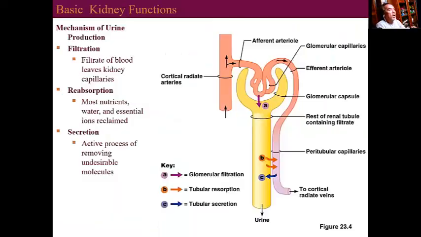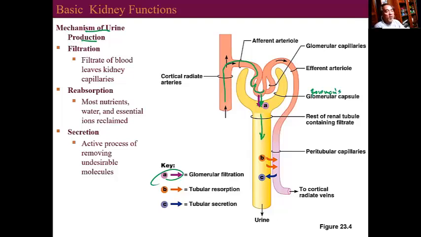If we talk a little about the physiology of the mechanism of urine production, this is what your physiology class is going to teach you, because there are a lot of physiology concepts in the urinary system. The first one: this is from the cortical radiate artery, becoming the afferent arteriole, and then the glomerulus, and that is filtration. That's called glomerular filtration. Some of the waste can be filtered out between the glomerulus and the Bowman's capsule, and will pass through the tubule.